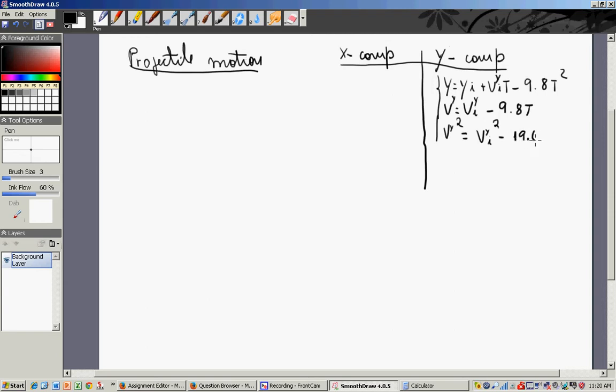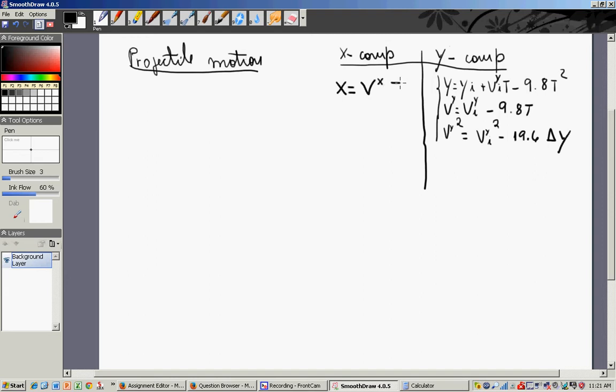And the velocity in y at any given time squared is equal to the initial velocity in y squared minus 19.6 delta y. So it's the same three equations you did before, except you are considering only the projections of your initial velocity in y, and only the initial position in y when you set your equations.